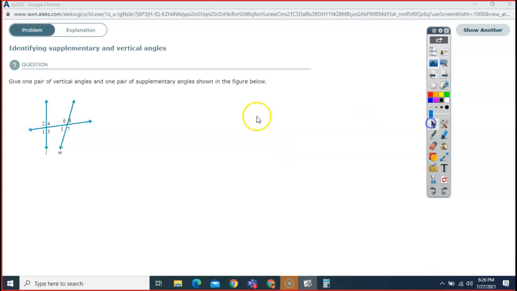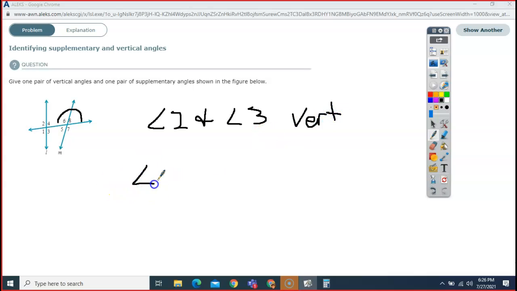All right, so if I ask you to give one pair of vertical angles going through an X, that would be angle 2 and angle 3. And then one pair of supplementary angles, since these are sitting side by side, would be angle 6 and angle 8.